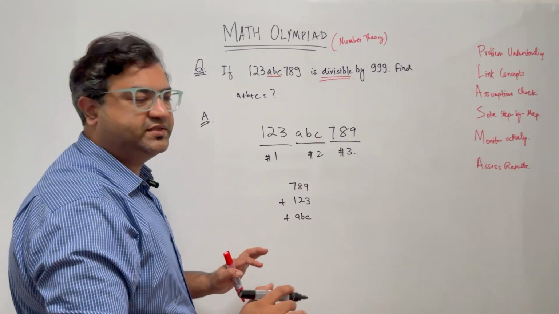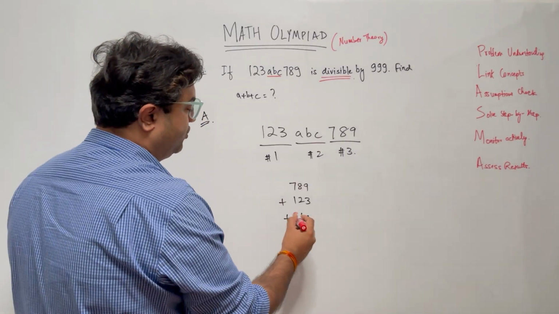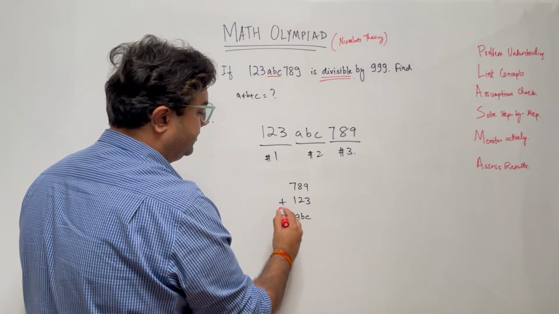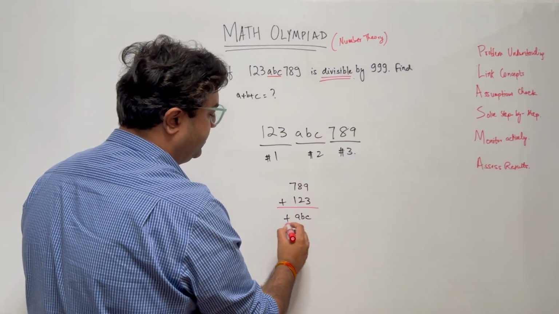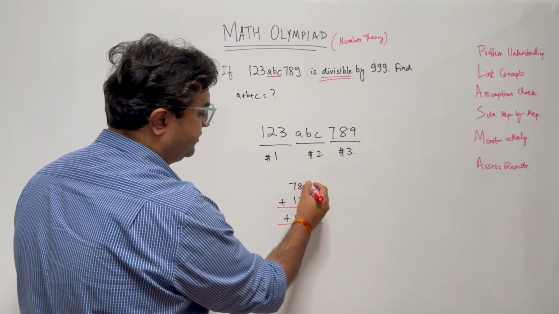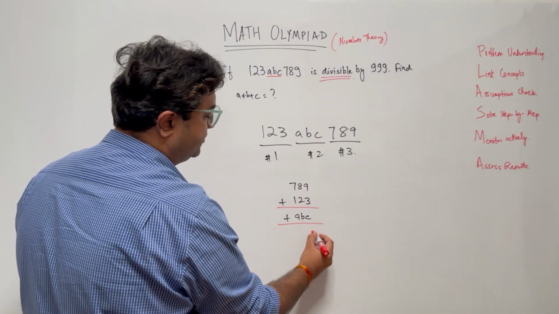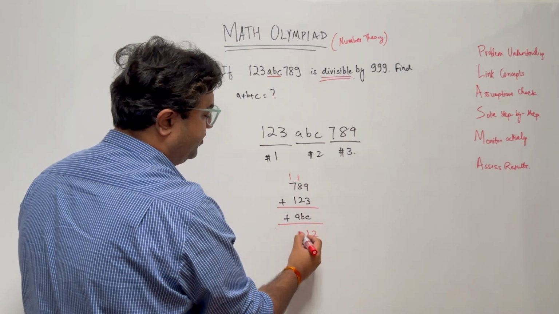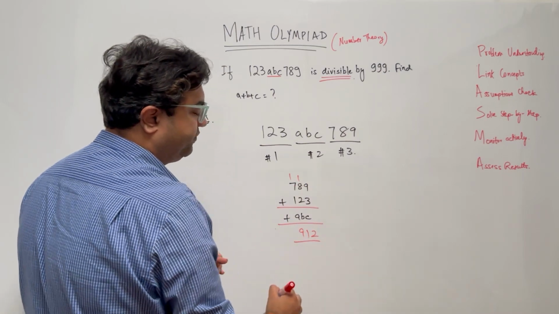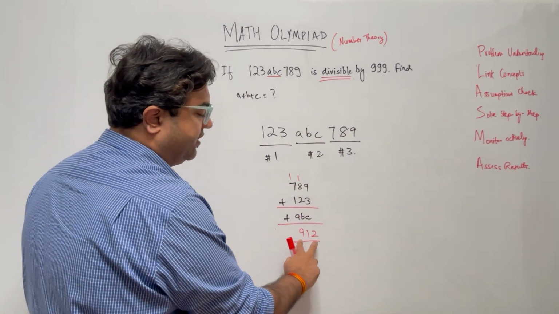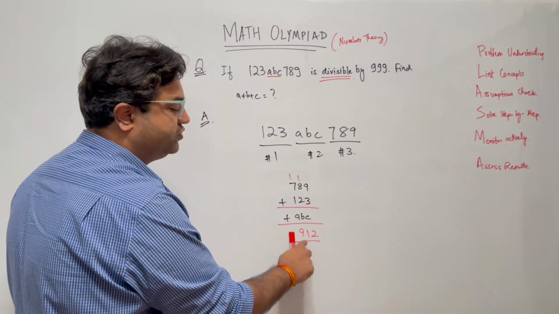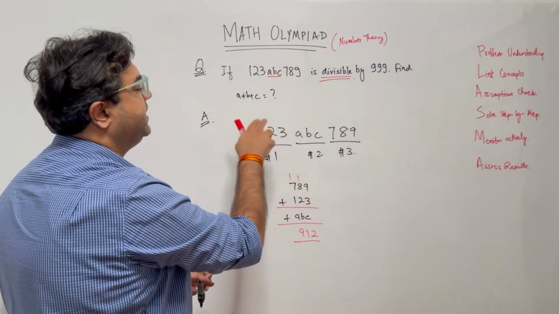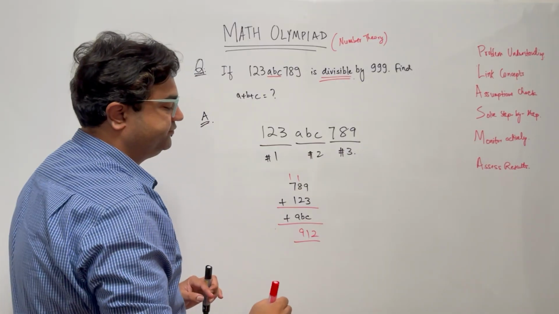Now we don't know what ABC is. So let's just add these two first. We add this later. So 9 plus 3 is 12. 8 plus 2 plus 1 is 11. 7 plus 8 plus 9 is 9, so we get 912. And then we have to add ABC into 912 such that this whole number is divisible by 999.